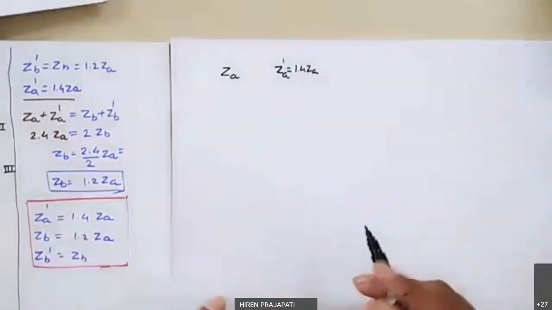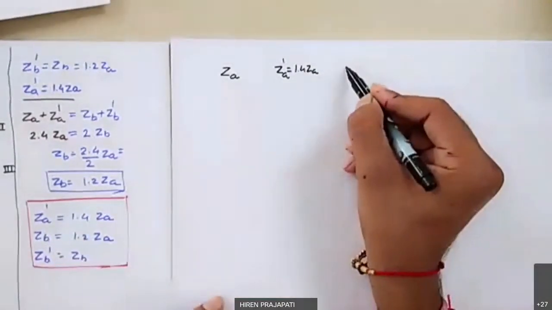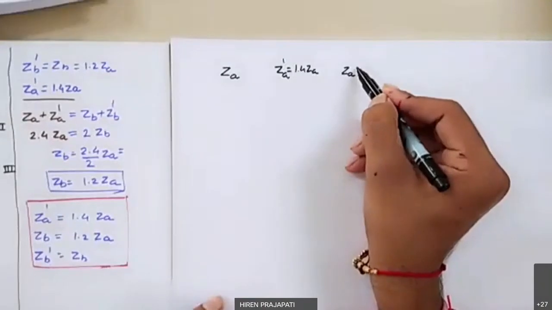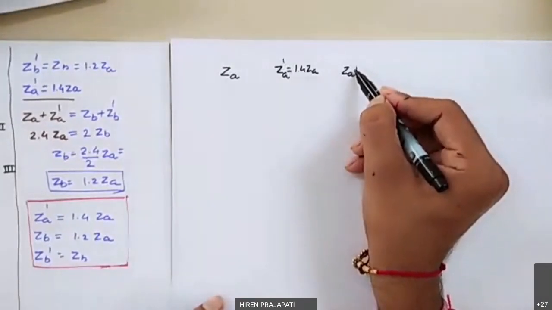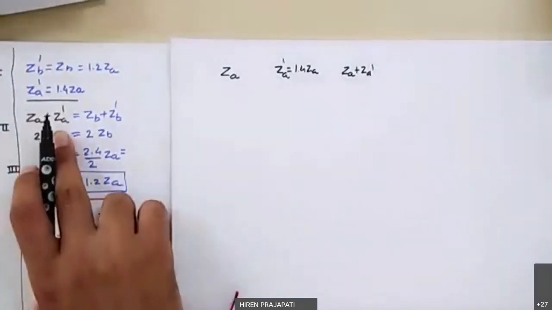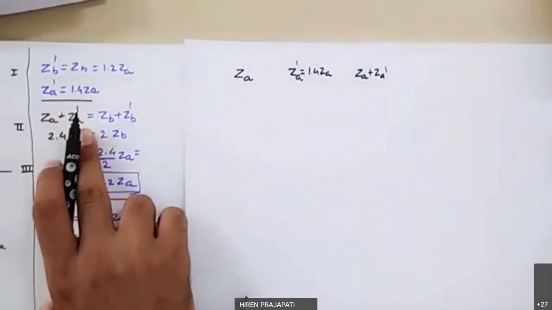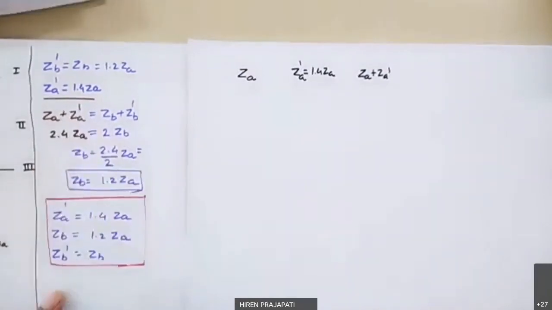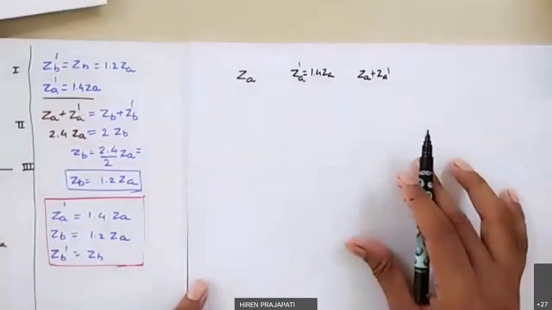Then next we write the center distance. Center distance means ZA plus ZA dash. Let's put this condition. So ZA plus ZA dash.